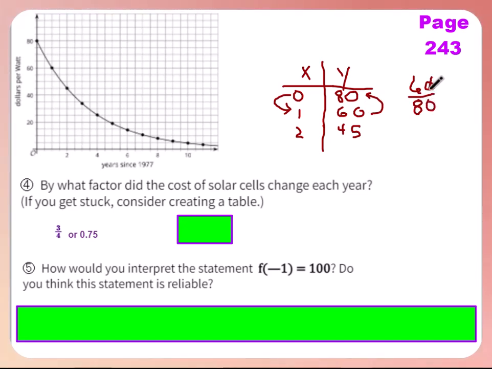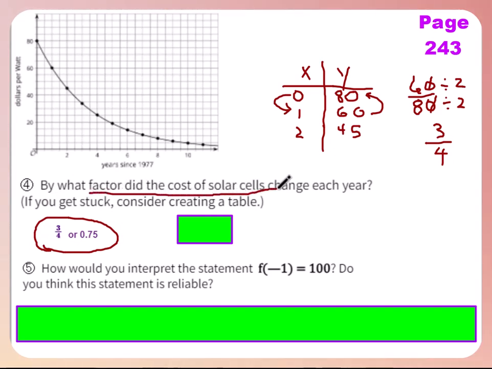Okay, we can take off a pair of zeros, we're dividing by 10, and then you can divide both of those by 2. Divide 6 by 2 and 8 by 2. 6 divided by 2 is 3, 8 divided by 2 is 4. Okay, or you can write it as a decimal, 0.75. Okay, that's how the solar cells are changing.